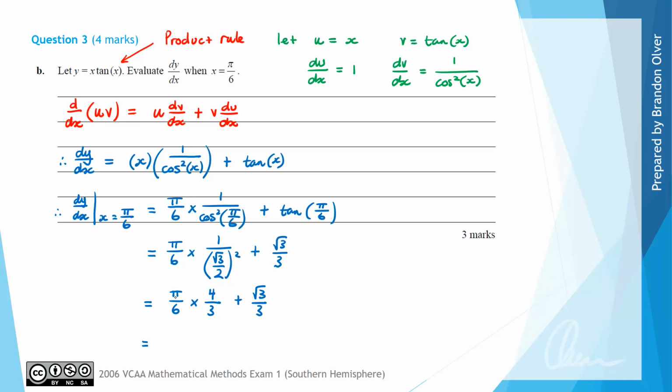Simplifying that down we have 4 pi over 18, which is 2 pi over 9 plus root 3 over 3. So the last thing that we could do to this would be to write it as a single fraction, so we'd have 2 pi plus 3 root 3 all divided by 9. So that is the derivative dy dx evaluated at pi on 6.